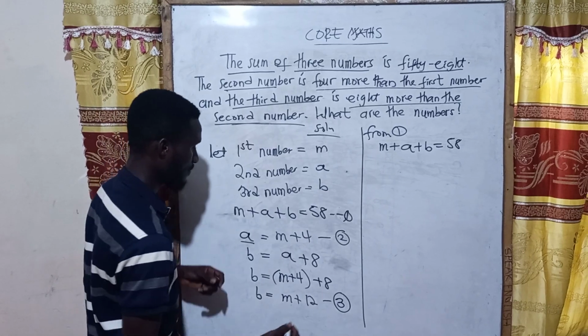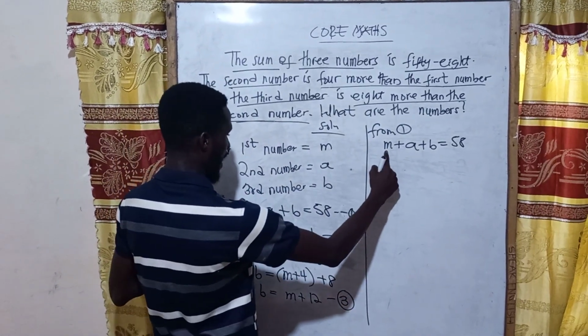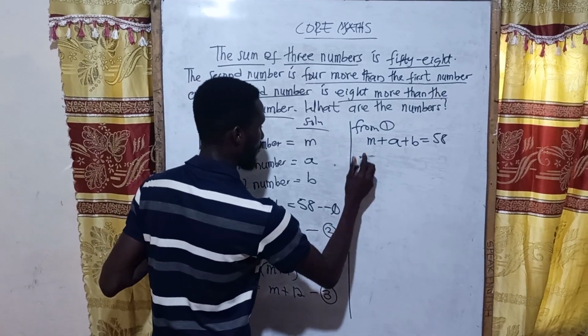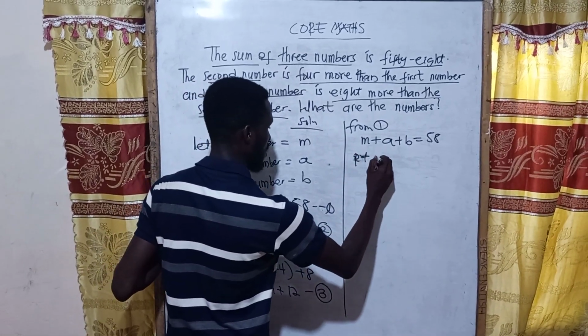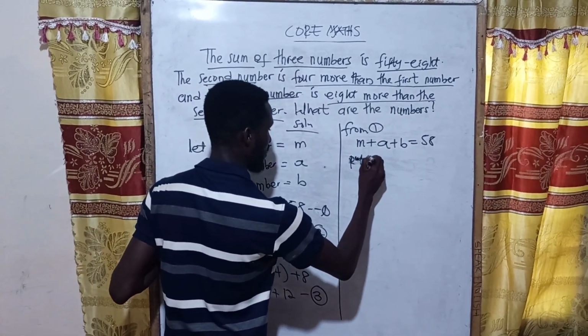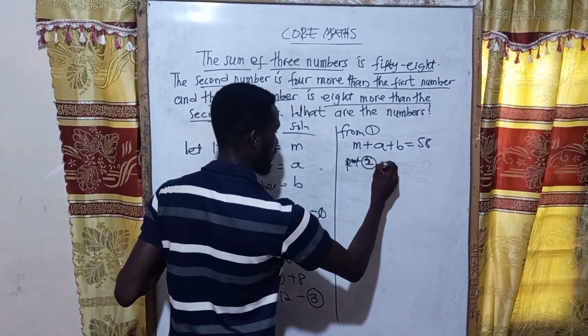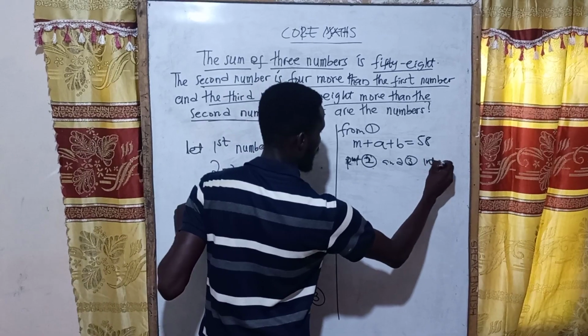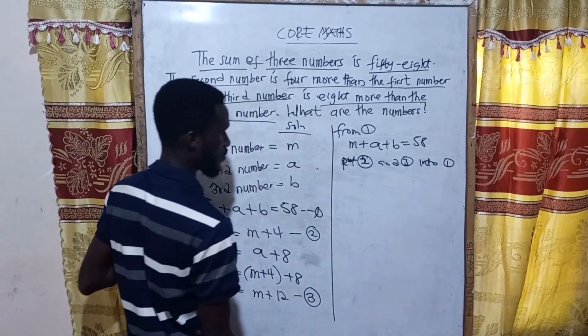So what does it mean? We have the first number, which is M. Okay, so I'm going to put equation 2 and equation 3 into equation 1.